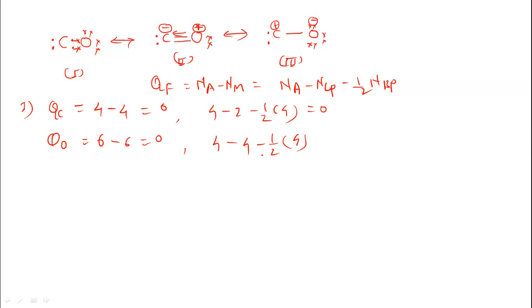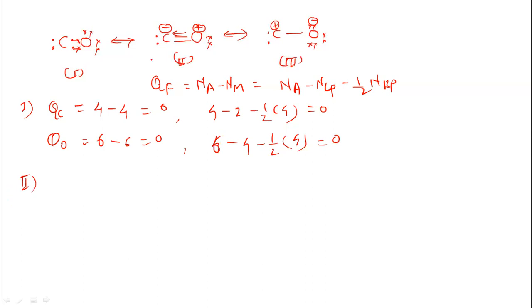Okay, so something is wrong here. Sorry, this is 6. We have to keep 6 here. Na is equal to 6 because 6 electrons are there. So it is equal to 0. So in structure 1, formal charge on the carbon and oxygen are equal to 0.